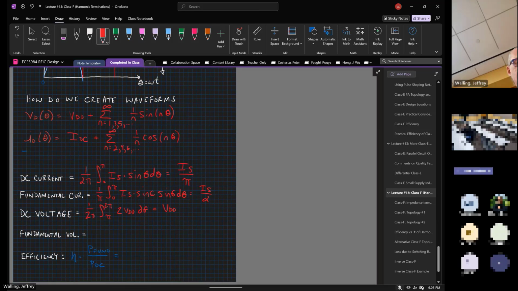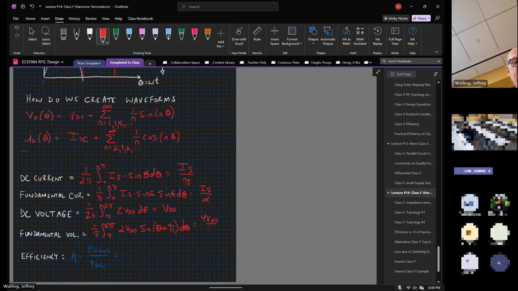The fundamental voltage component: 1 over pi, integral from pi to 2 pi, 2 VDD sine of theta plus our phase shift of pi d theta, and this ends up being 4 times VDD over pi.